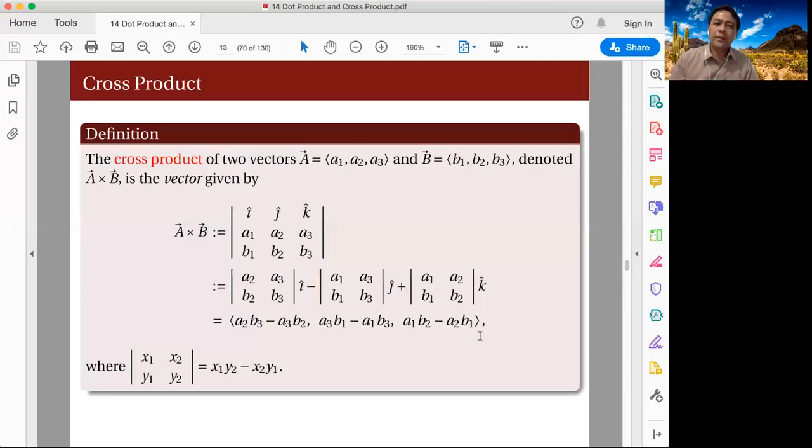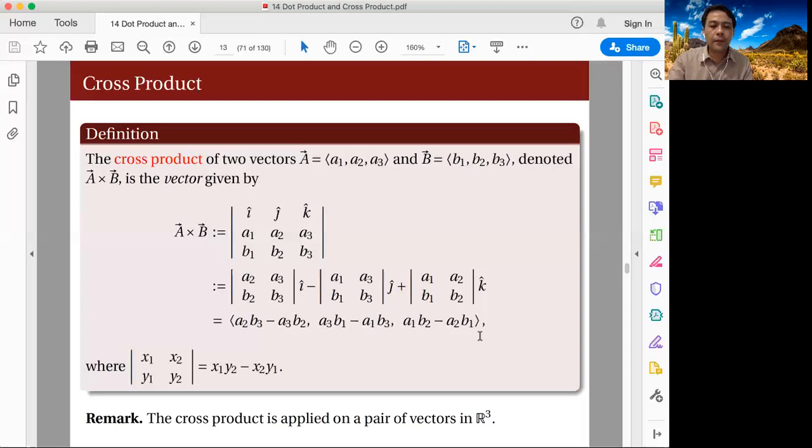That's just how it is. Just think, if you are getting the first component of the cross product, you cover the first components of the numbers and you work on the last two components. When you get the second component, you cover the second components and work on the first and the third components. And when you are looking for the third component, you cover the last component and you deal with the first two components.